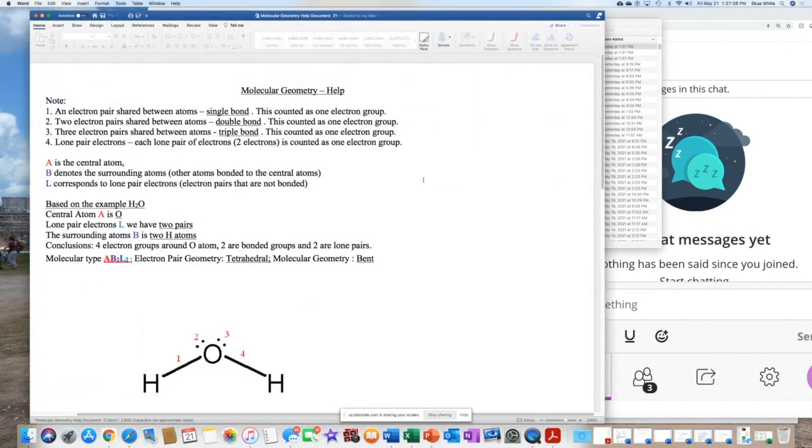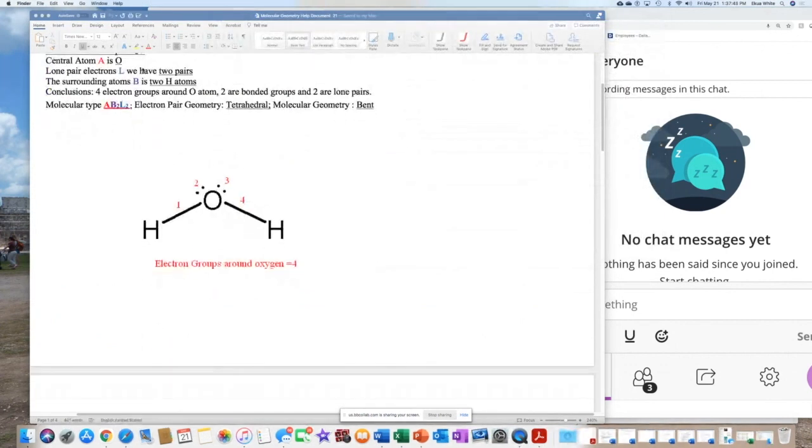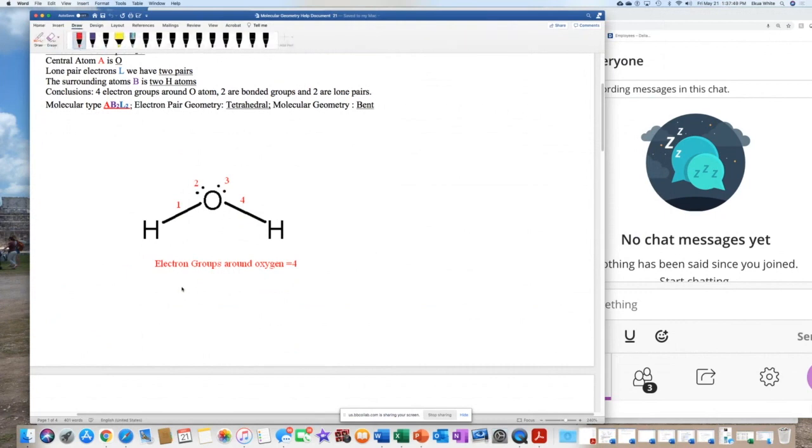Okay, there it is. This is a document I gave you to help you figure out the different shapes. When you go through here, I show you how to count the different groups. I'm just segueing to show you how I figured this out. I gave you water as an example. Once you draw your Lewis structure, so you can have a visual, this Lewis structure of water is surrounded by four groups.